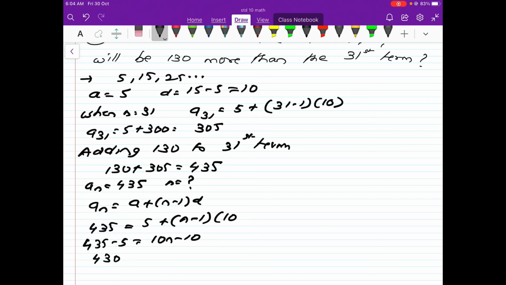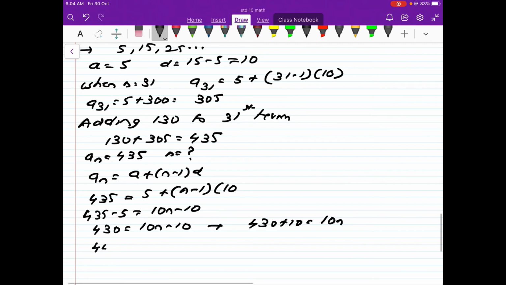So 430 is equal to 10n minus 10. So this becomes 430 plus 10 is equal to 10n. So 440 is equal to 10n. Therefore n is equal to 440 upon 10. Therefore n is equal to 44.